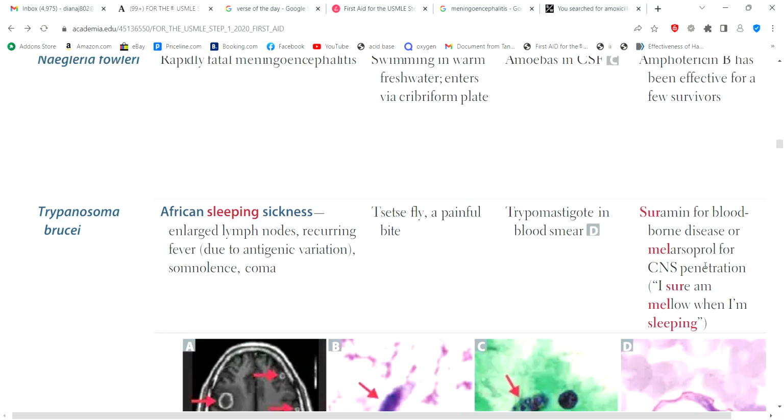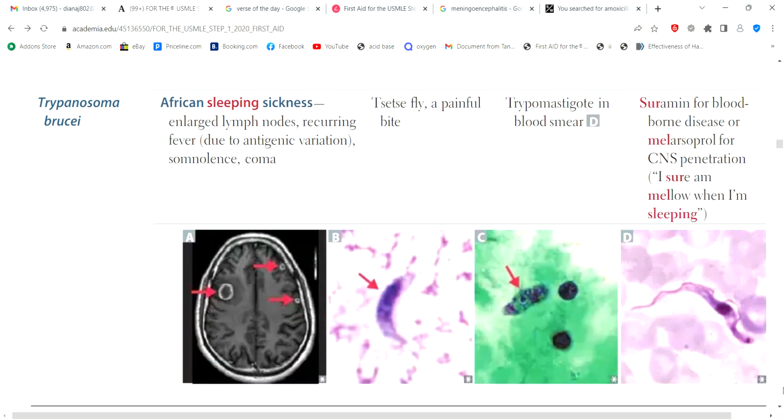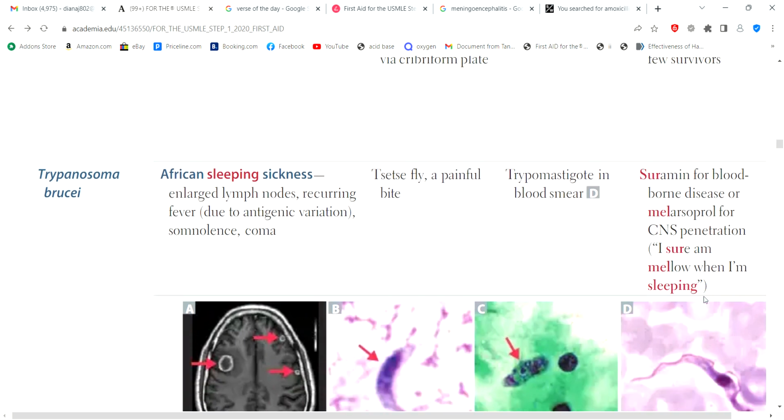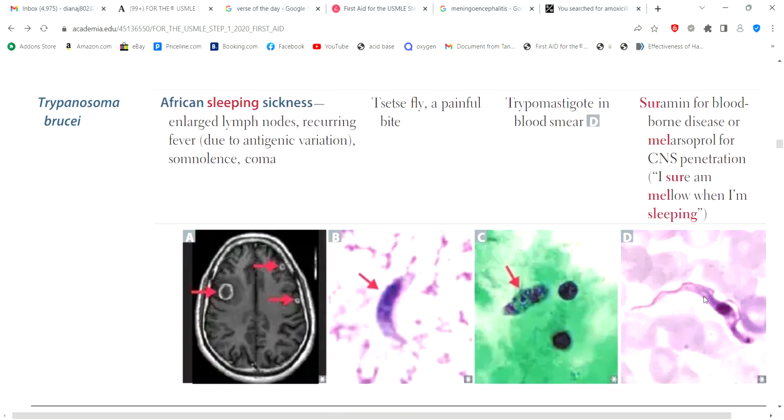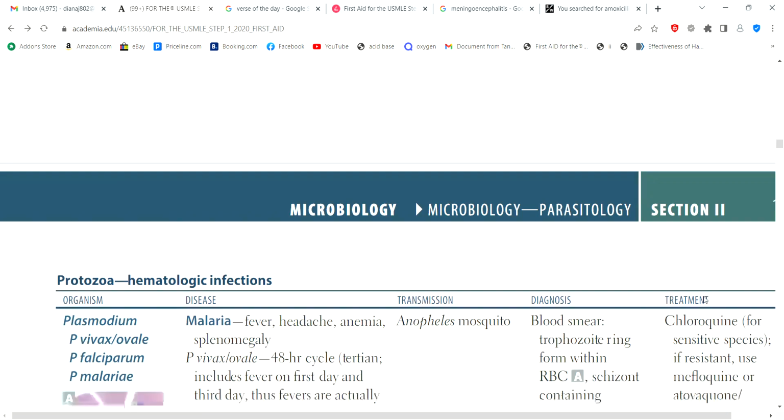That's why you see enlarged cervical and axillary lymph nodes. Trypomastigote is in the blood smear, we just talked about it, this purple business right here. Okay. All right. So you get suramin for blood-borne disease, or melarsoprol for CNS penetration. All right, so that's it for that, and we're going to go on and talk about the next thing.